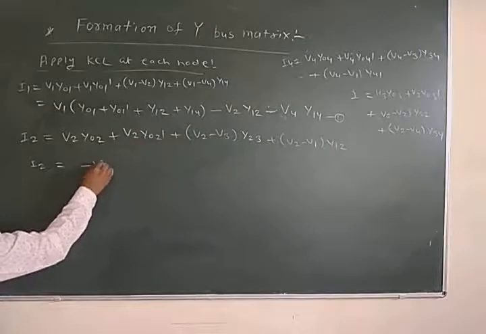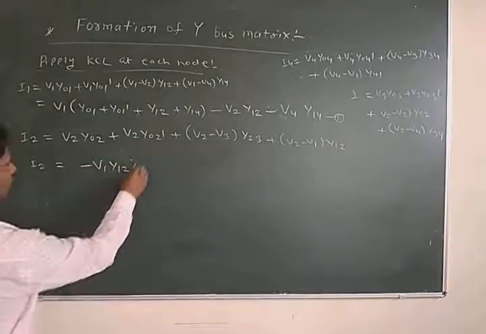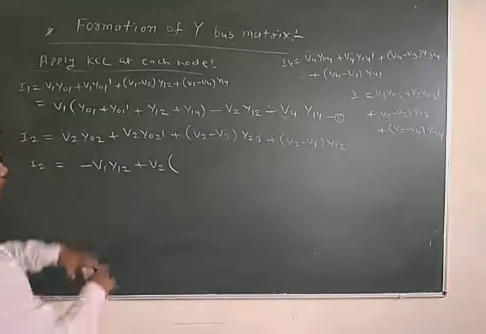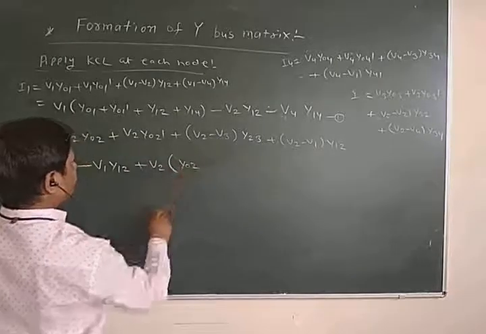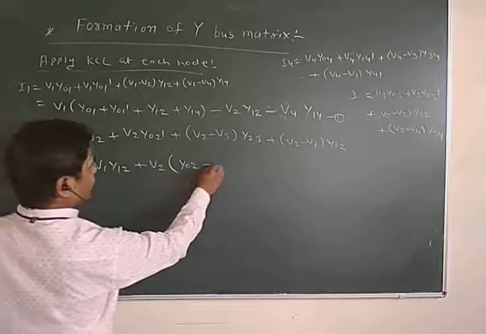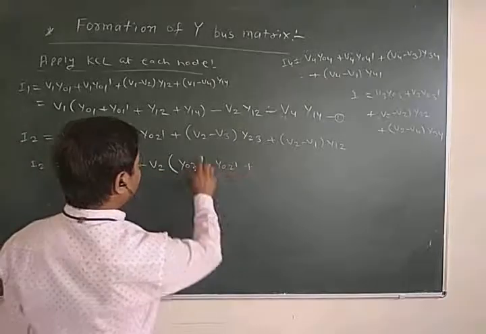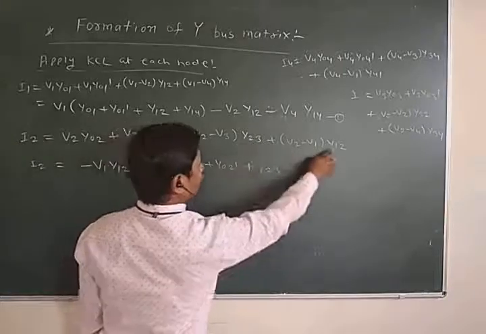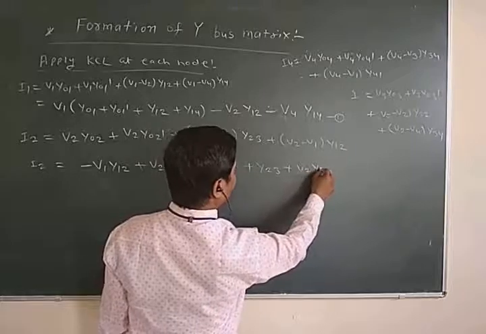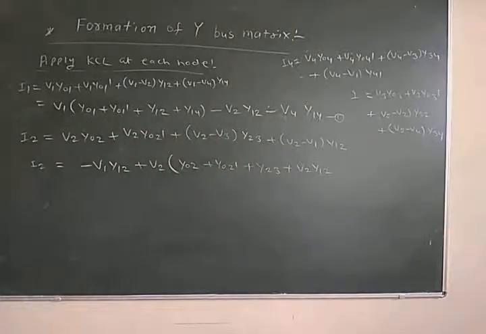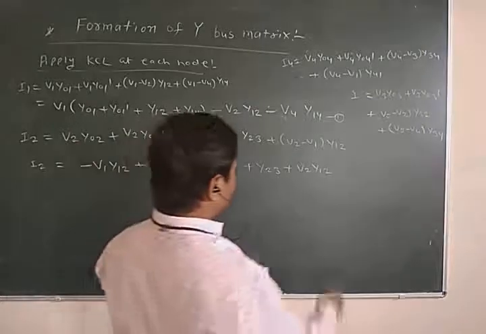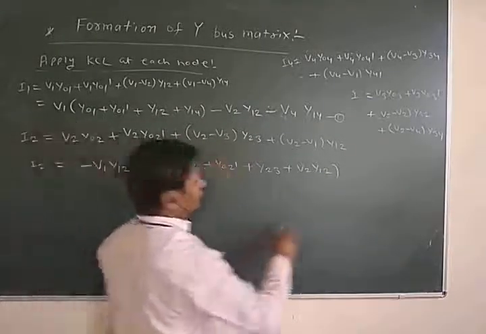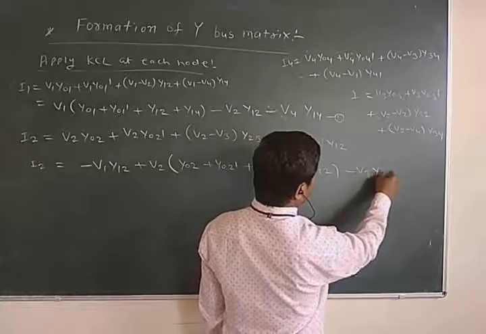So minus V1 Y12 plus the data associated with V2: Y02, Y02 dash, plus V2 Y23, plus V2 Y12. Okay, next is minus V3 Y23.